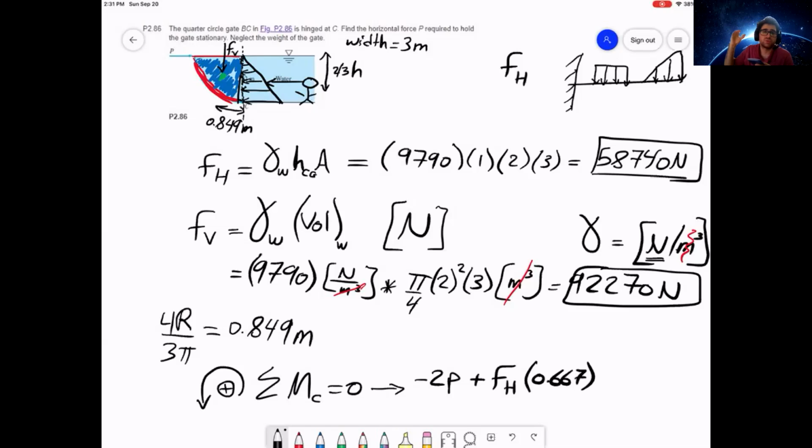Because remember, it's 2/3 H from the top and 1/3 H from the bottom, and H is 2. And then this is positive.